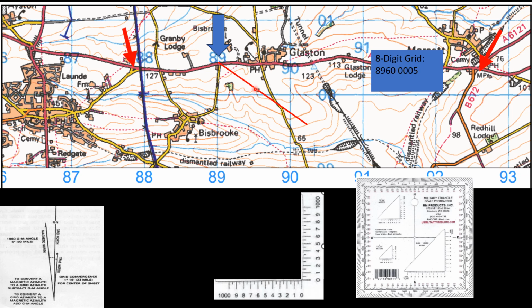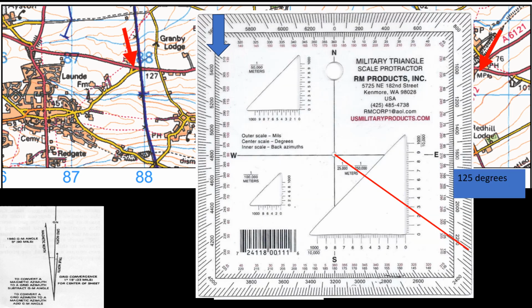So use a piece of string or whatever. This red line is representing a piece of string, and then you use your whole protractor right here, and you put the piece of string on the protractor. Now use your imagination. Let's pretend that these crosshairs right here are over the spot that is our attack point.